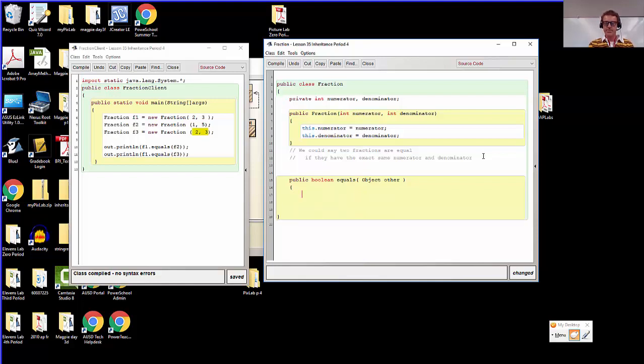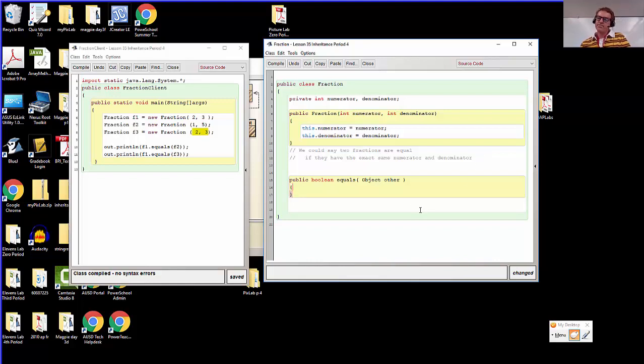Object other. Remember, Object is the cosmic superclass from yesterday's lecture, chapter lesson 35 of the textbook. All classes extend Object. That means all objects are also Object objects. It's like the mother of all classes, the Object class.